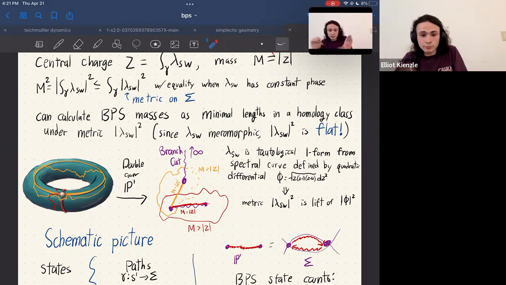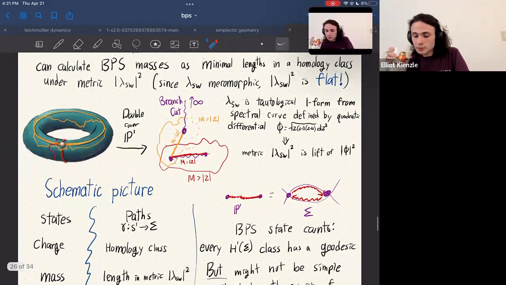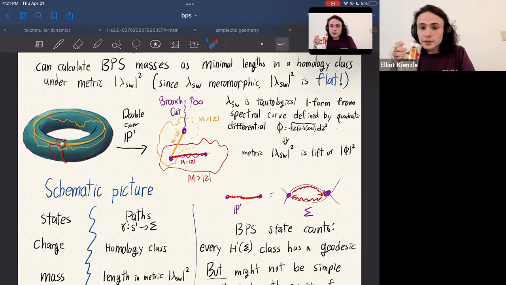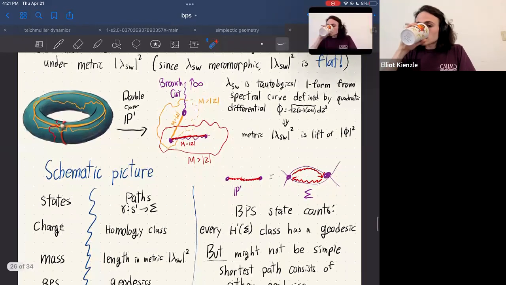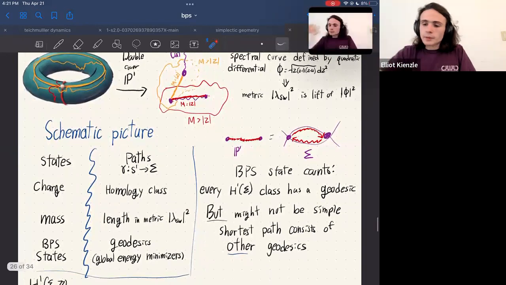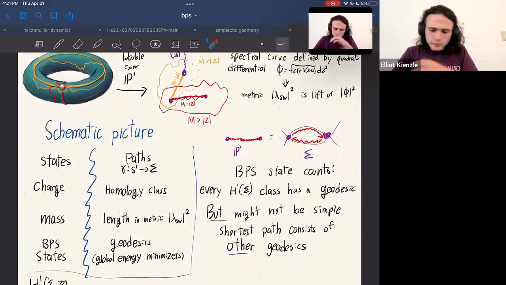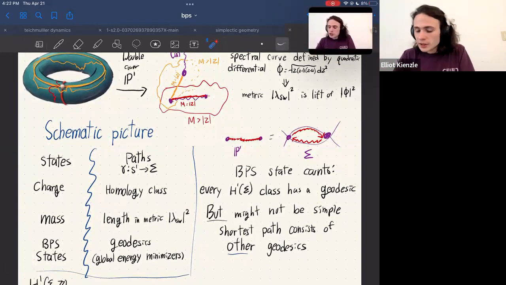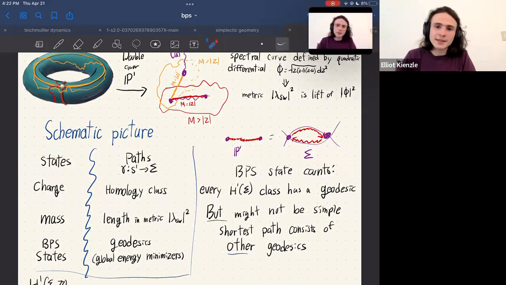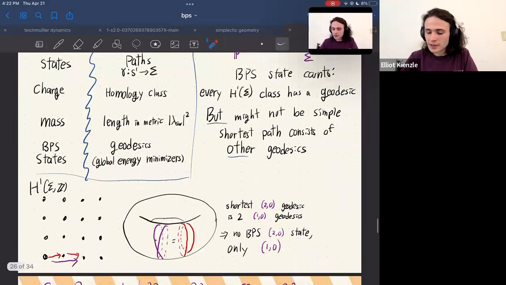But in my perspective, we're not doing any of that, so we don't have to worry about it, for people who are familiar with Gaiotto-Moore-Neitzke. And essentially the idea is that we can count BPS states by counting geodesics, and that's a fun thing to do.